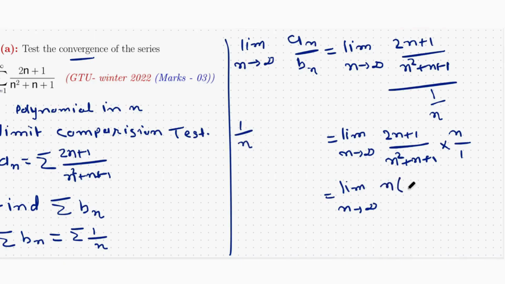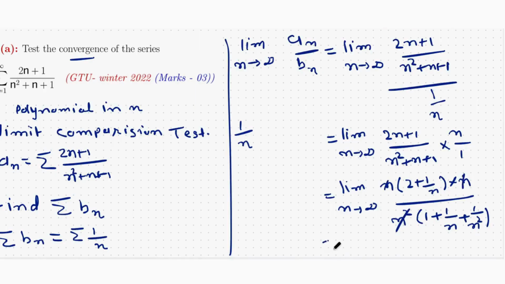N is common, so what we get, 2 plus 1 upon n multiply by n as it is upon here maximum n is what, n square. So again here take n square common. So we get 1 plus 1 upon n plus 1 upon n square. So now this n square is cancel out.